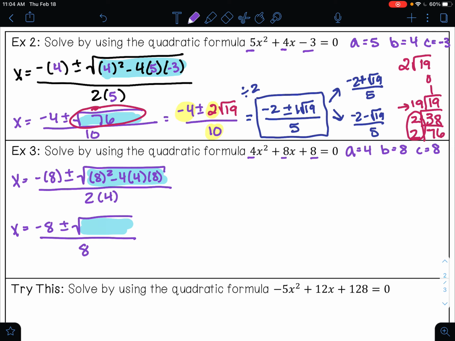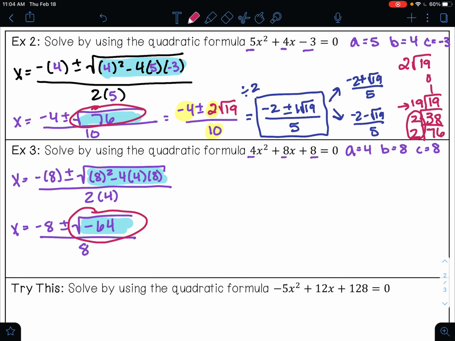And when I do that, I get -64. Our next step is to see if we can simplify our square root. So I have the square root of -64.